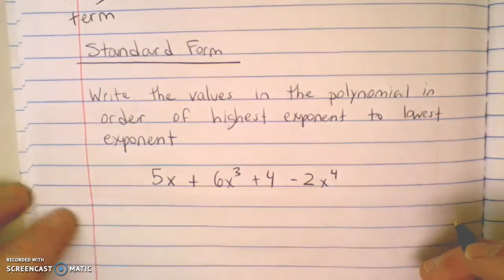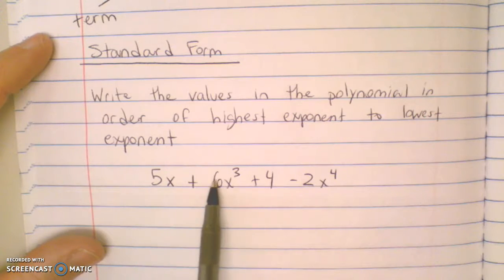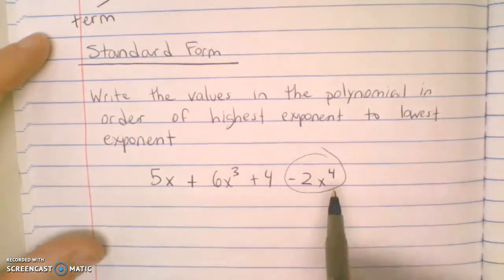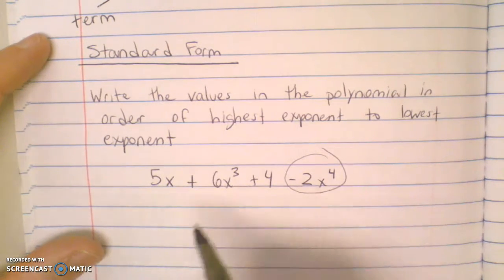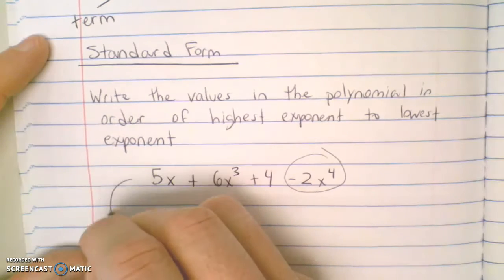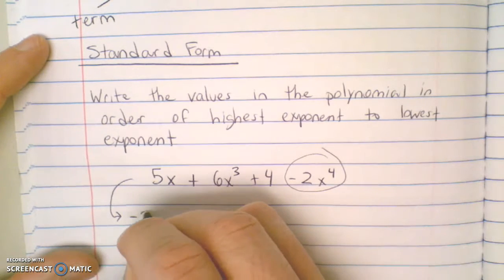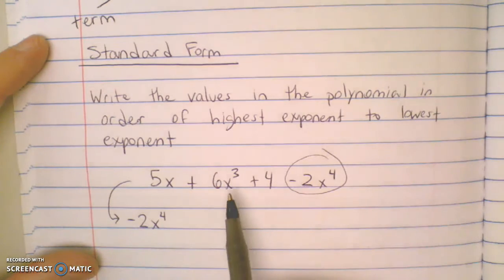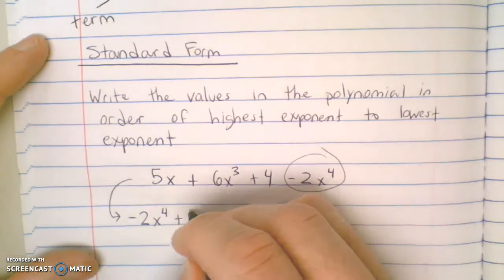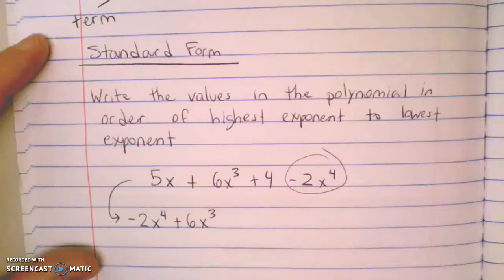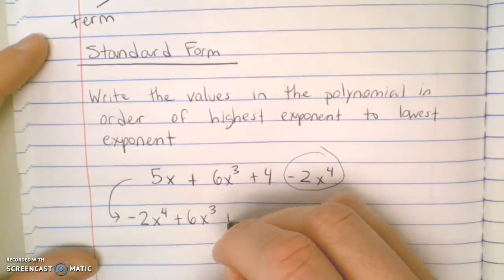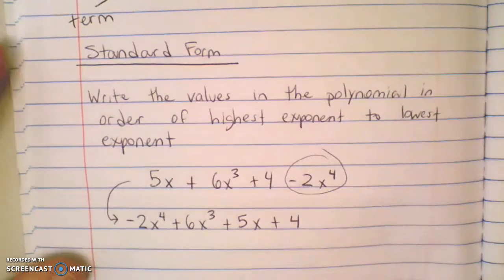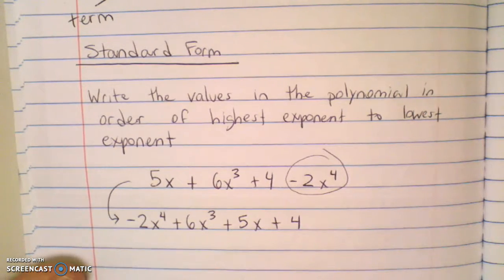So the term with the highest exponent here would be this term, because 4 has the highest exponent. So the standard form would be to rearrange this as negative 2x to the fourth. Then the next highest exponent would be 6x to the third, then 5x, and then no x, or variable term. So that would be standard form.